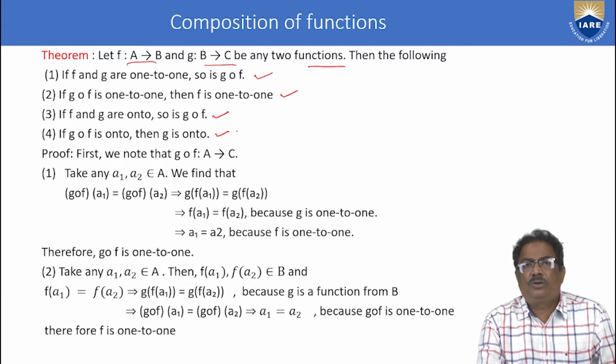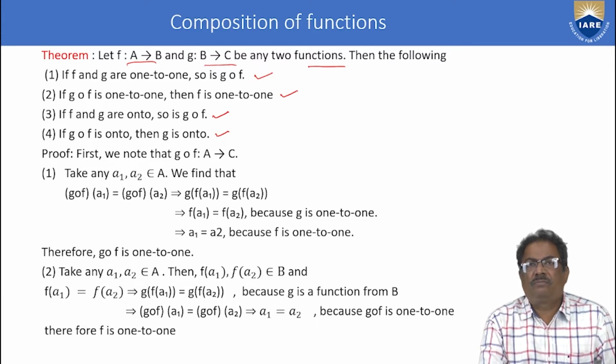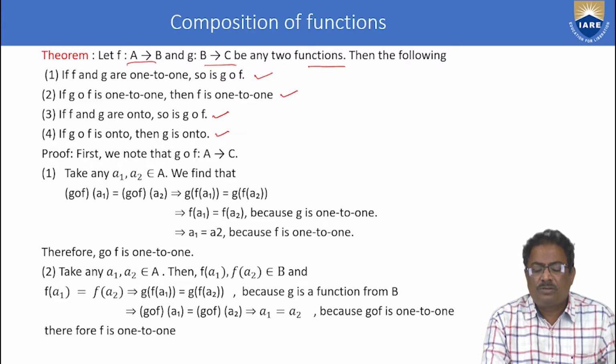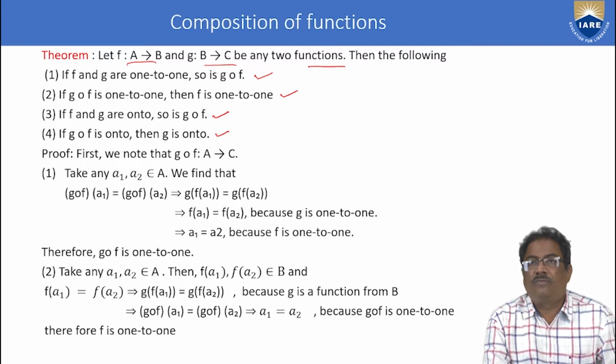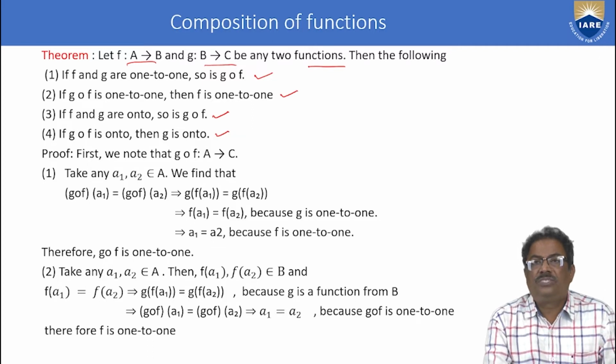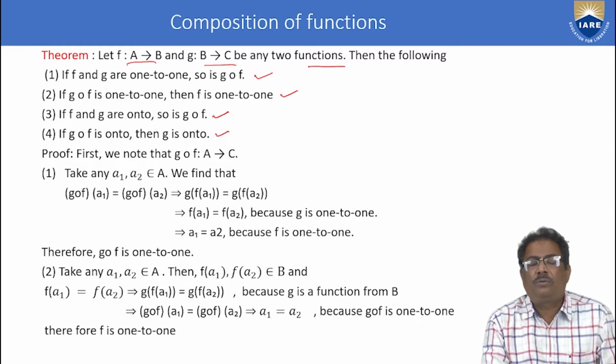Now we are going to prove these four problems. It is given that f and g are both 1 to 1, and we have to prove that g of f is 1 to 1. To prove this, we have to take any two elements.